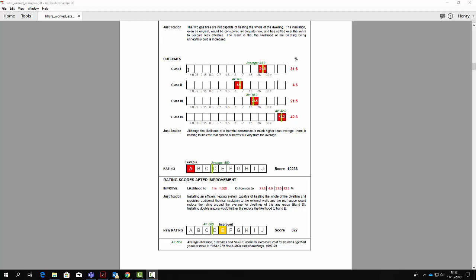So the class of harm outcomes, class 1, is very severe health issues occurring, so it's death, permanent paralysis, that sort of thing. So they're saying that when a health harm outcome occurs, on average 34% of the time, it's that sort of level of health impact.